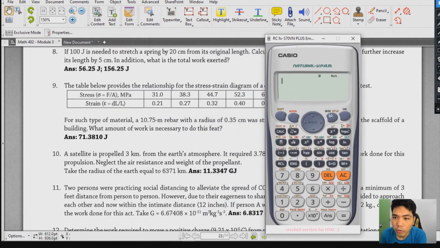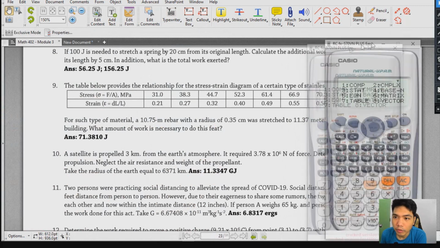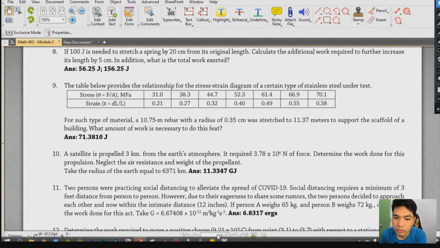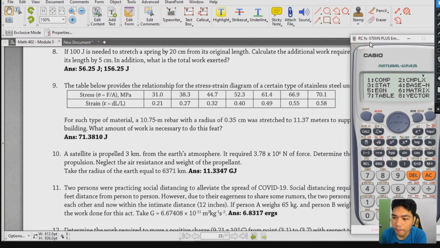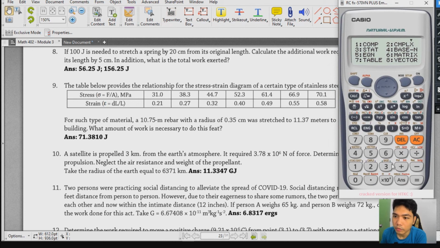So you can go to mode and then press table. Sorry. So you can go to mode and table, so that's number 7. Mode is statistics. Wait, mode is stat and then 2, a plus bx. Okay, so that's x and y.